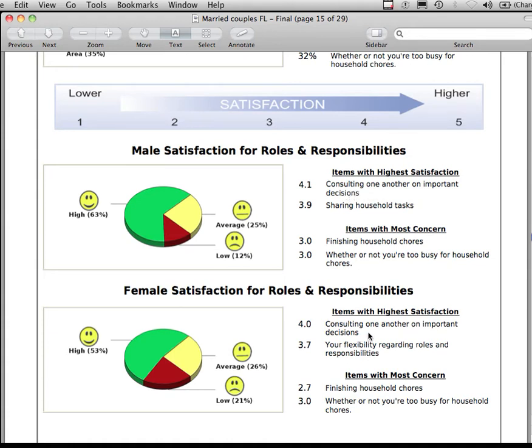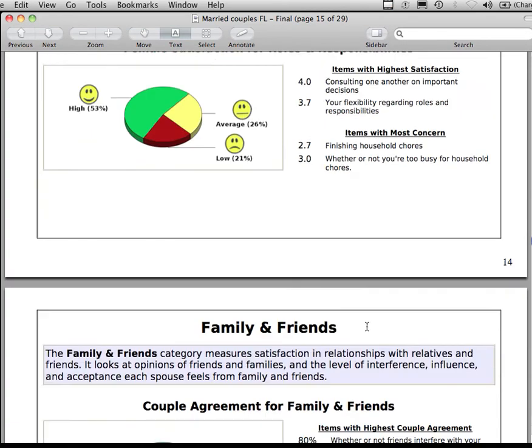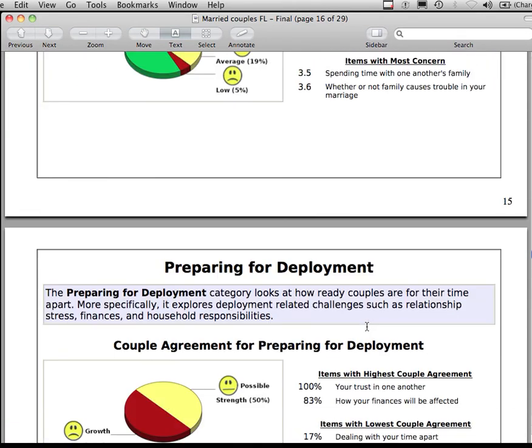That matches up with what the women are saying. Sharing household tasks. The women didn't feel quite as good about how household tasks are shared. They felt okay about some of the flexibility regarding roles and responsibilities, but maybe not quite as good about how the men were sharing in the actual household tasks. So let's keep moving here and see where we go.